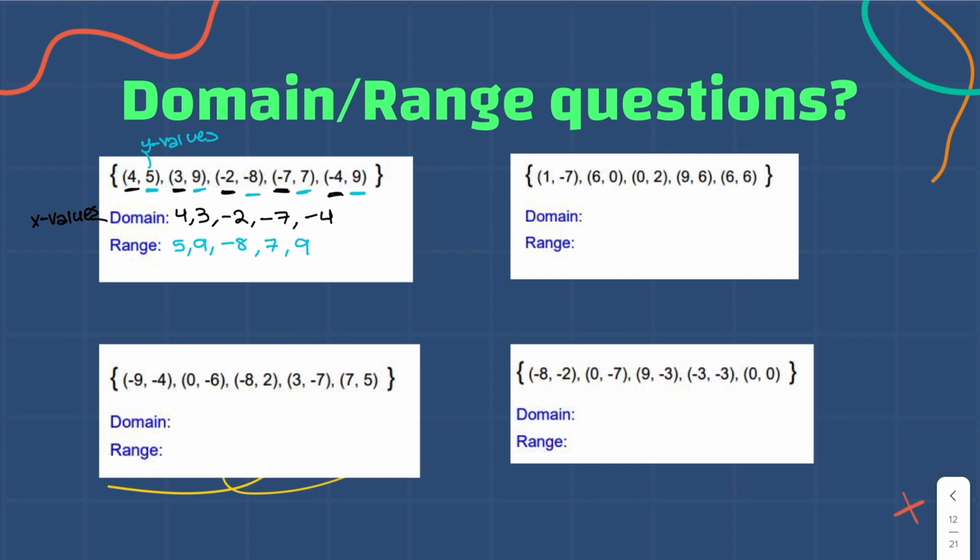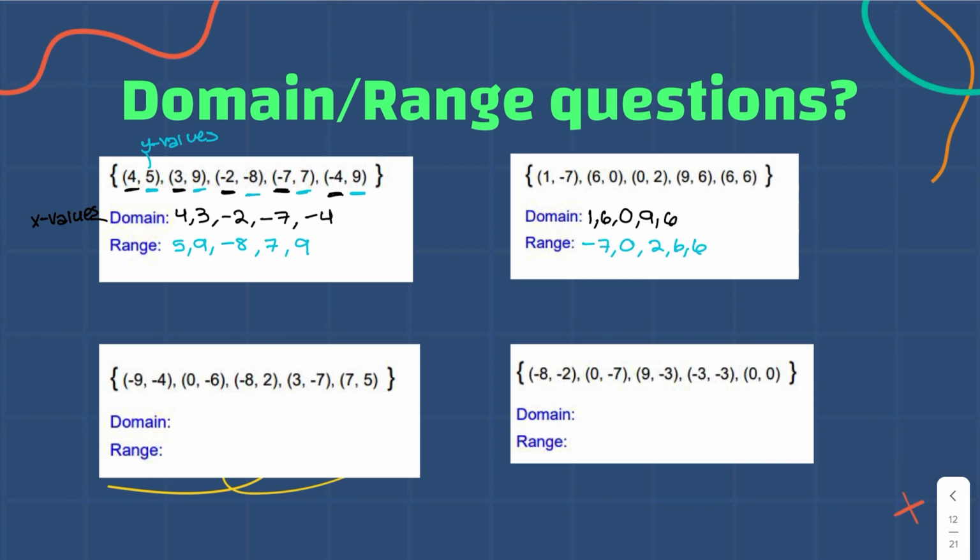Alright, so hopefully you have attempted the questions. Let's go over the next one. Domain is 1, 6, 0, 9, and 6. And range is -7, 0, 2, 6, and 6.